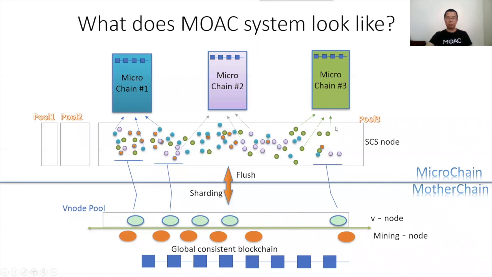So they join the pool first, and then if someone wants to deploy a microchain, they just rent maybe 100 nodes out of the pool and work for one microchain. And when another microchain comes in, you can rent maybe 20 nodes out of the pool and make those 20 nodes work for that microchain.